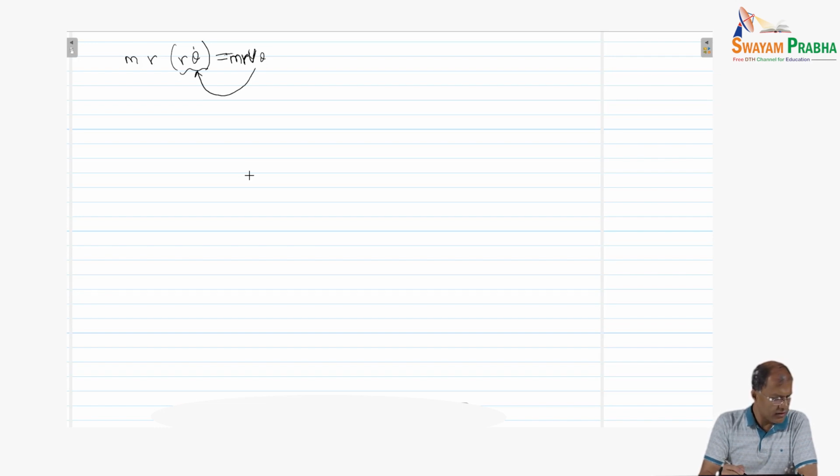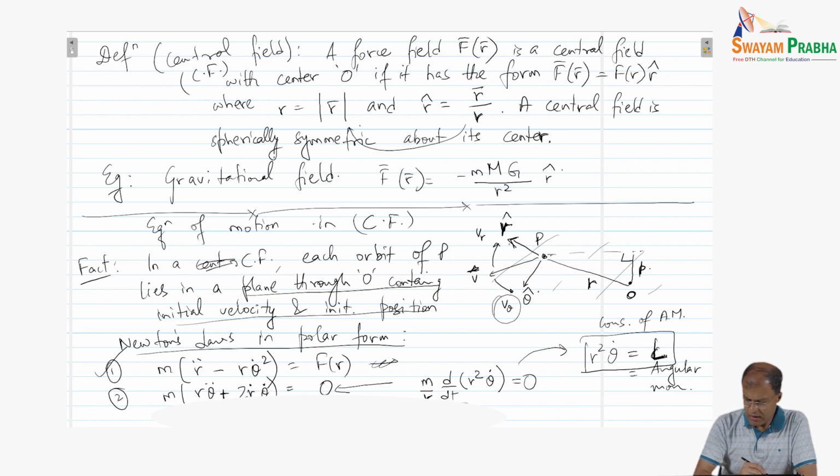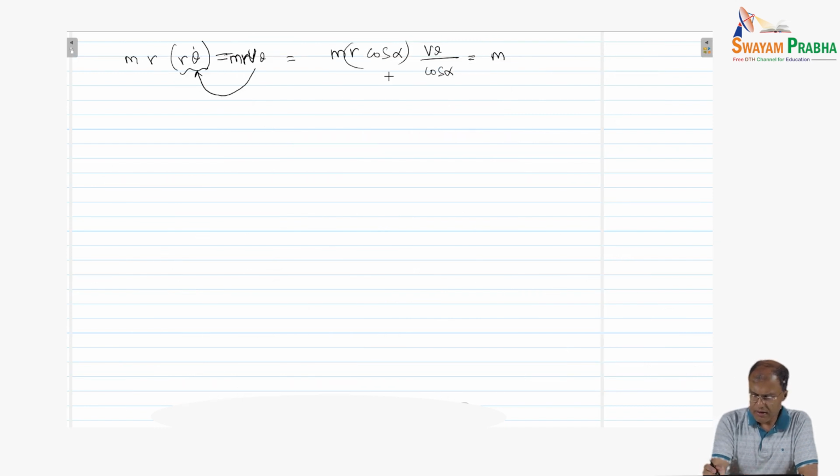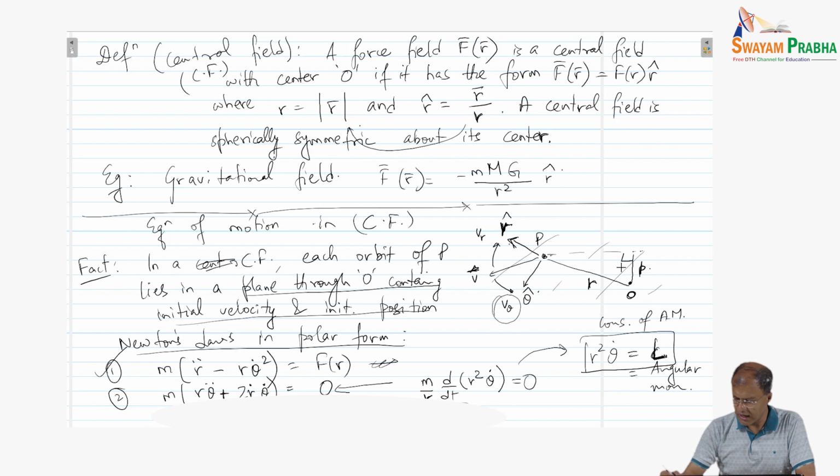And what we further find is that, let me do a little bit of manipulation here. R cos alpha, v theta by cos alpha, right? And what we see here is that this is m times, look at this quantity r cos alpha.